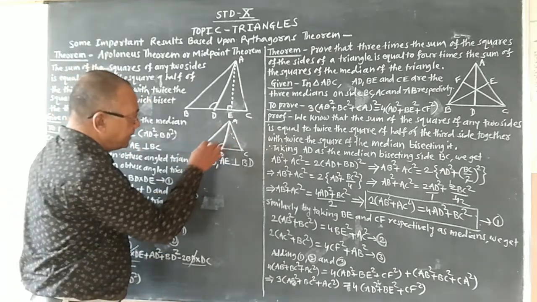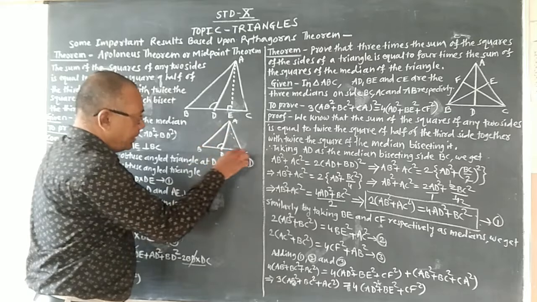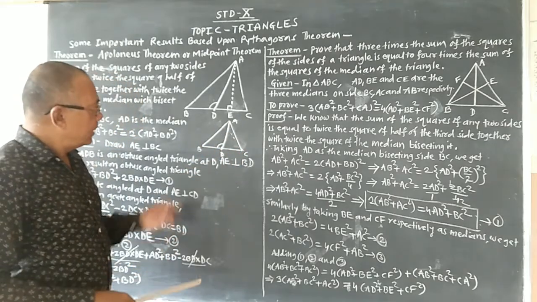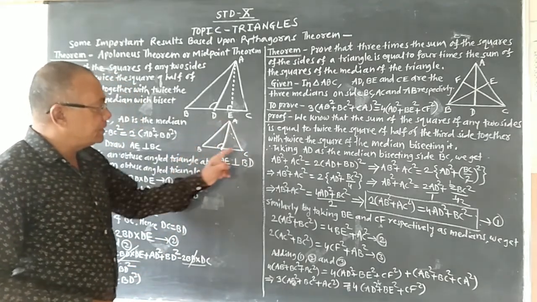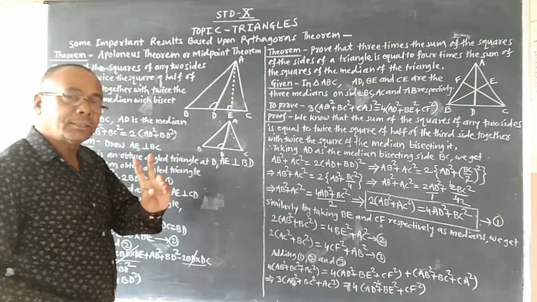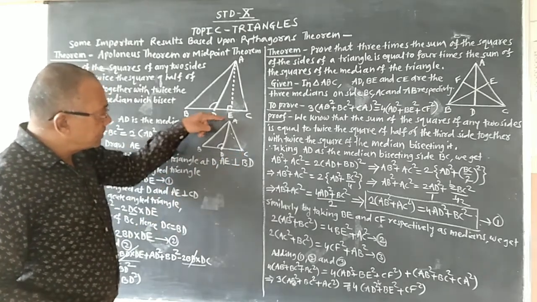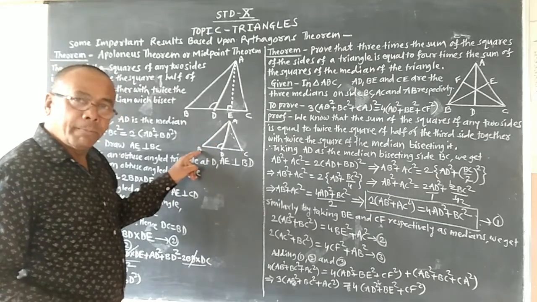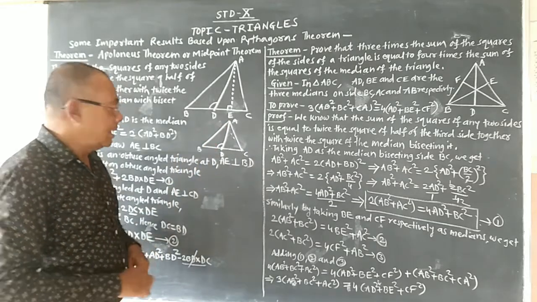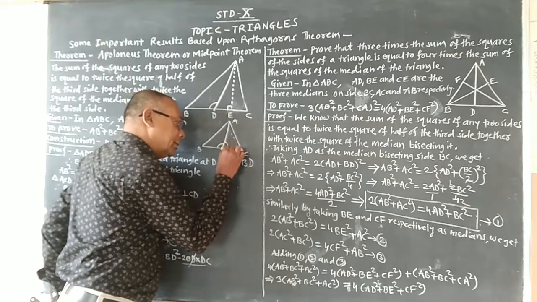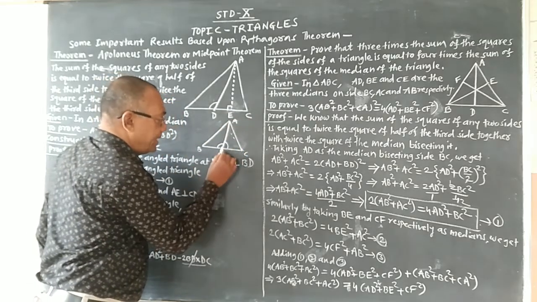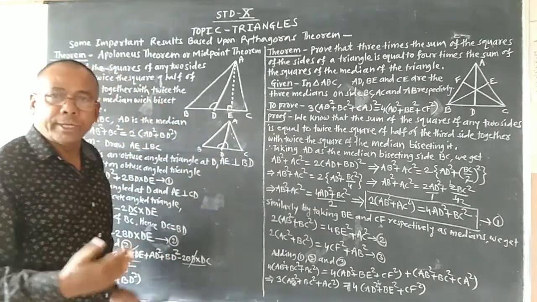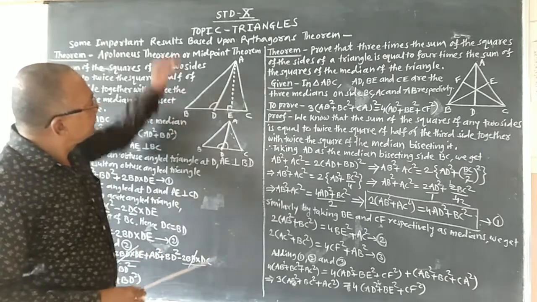So triangle ABC is divided into two triangles, out of which one is obtuse angle triangle, that is ADB or ABD, and the other one, that is triangle ADC, is acute angle triangle.